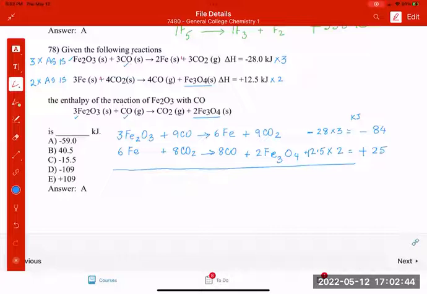So this 84 minus 25, 59, and the sign of the bigger number. Okay, so at least this part we're done, but let's finish this.